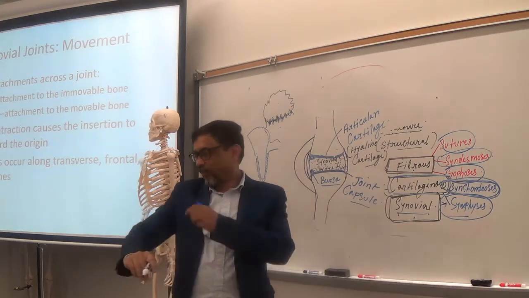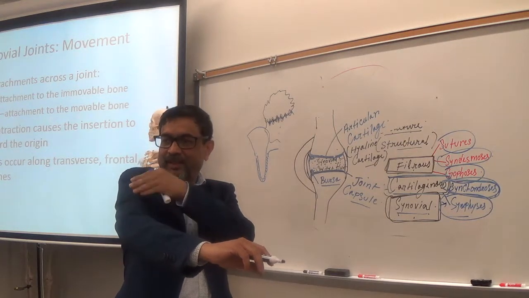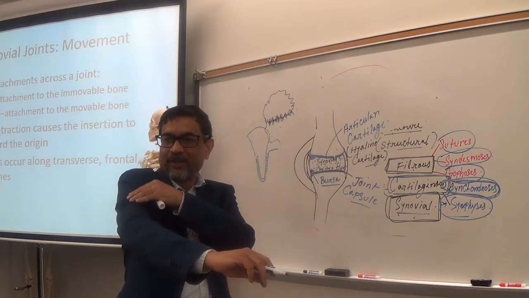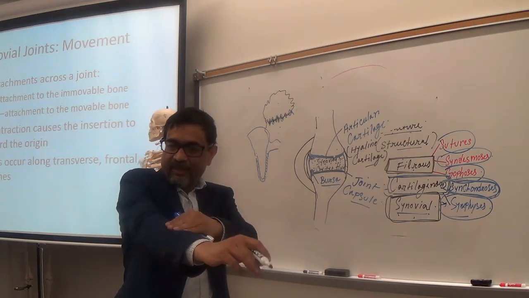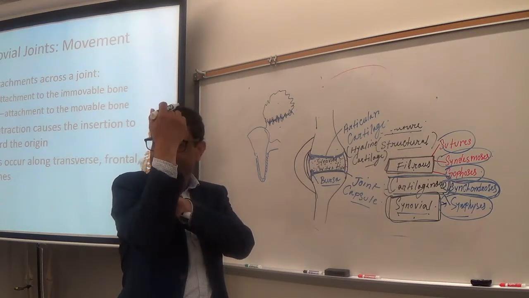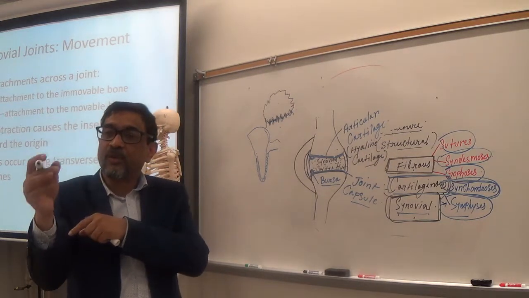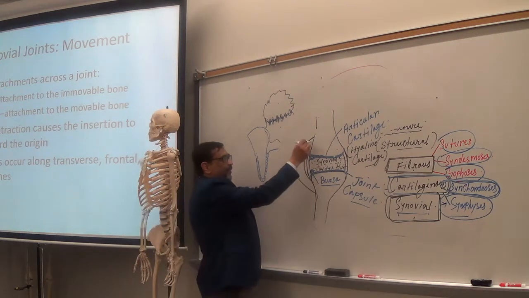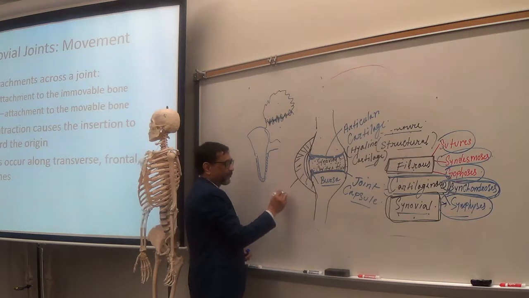Just think that if a muscle starts here and ends here, it is no use because it is not crossing the joint. Make sense? Now if a muscle starts here and ends here, when this muscle contracts, it will move the joint. Make sense? So muscles cross the joints, otherwise they will not be able to act. For example, this is a muscle starting here in this bone and ending on this bone.